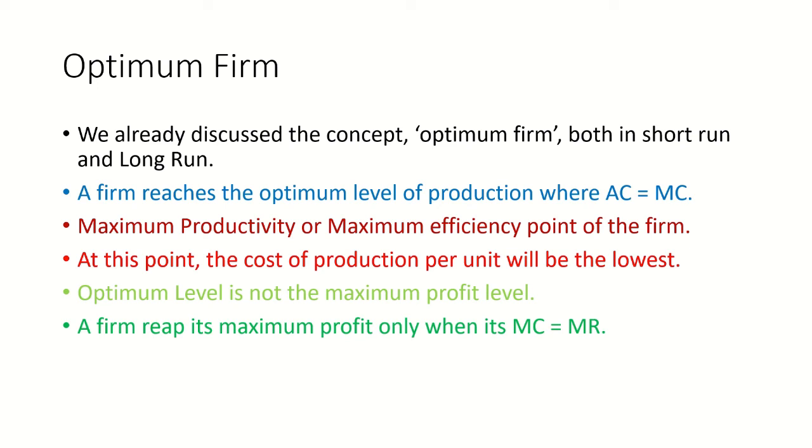A firm reaches maximum profit when marginal cost is equal to MR. So for finding the optimum level, or the maximum productivity, the condition is that AC is equal to MC, and for finding the maximum profit, the condition is MC is equal to MR. So the general condition for finding the optimum firm is that a firm reaches the optimal level of production when AC is equal to MC.